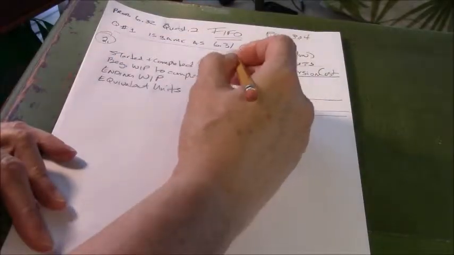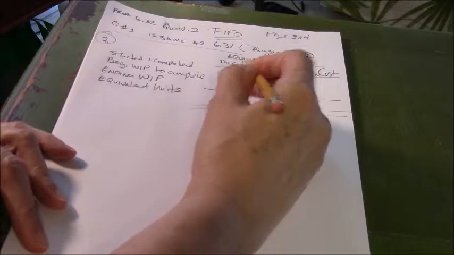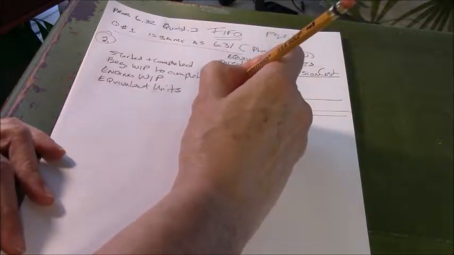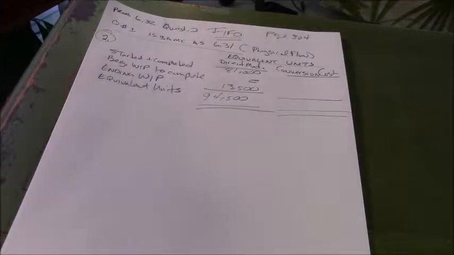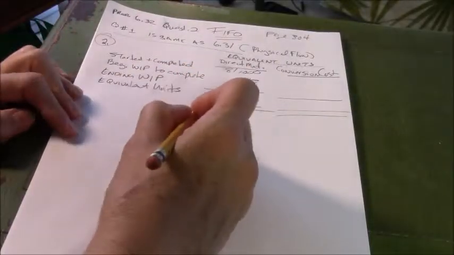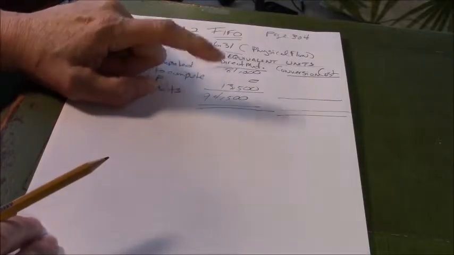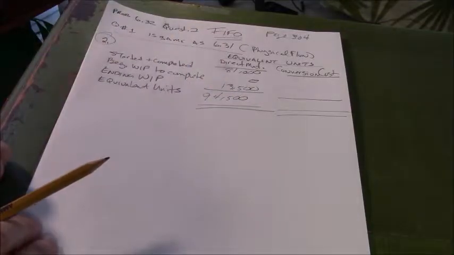So the equivalent units for direct materials is 81 plus 13.5, so that's going to be 94,500 units. All right, so that is our equivalent units for direct materials. So when we go to do our pricing, we need to divide out by that much.